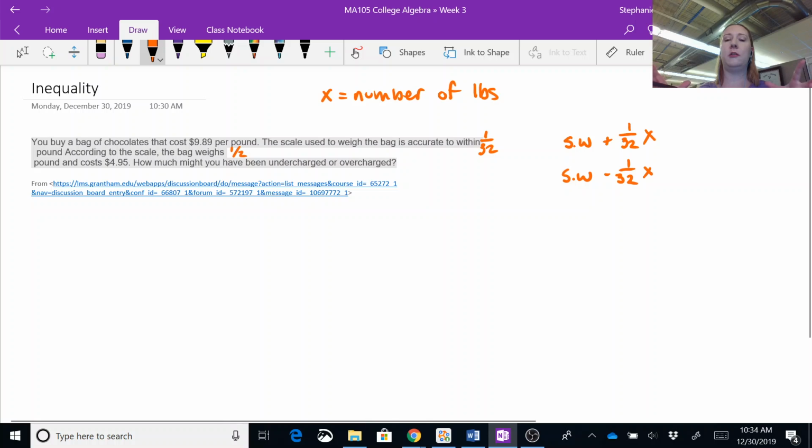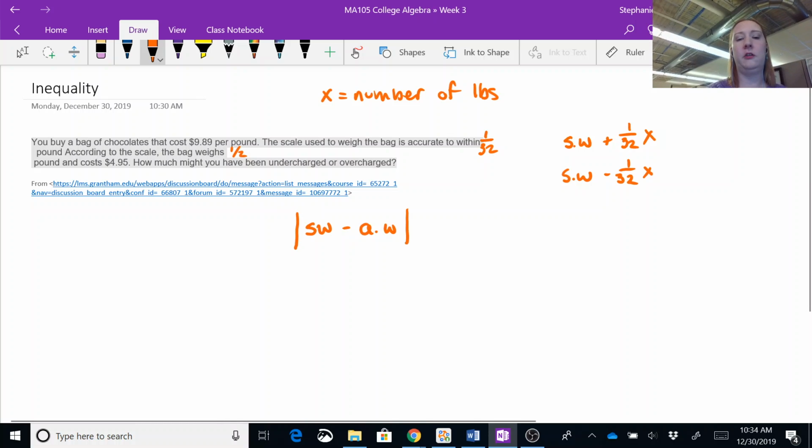You're taking the absolute value. With an absolute value inequality, you're saying the difference between something is less than or equal to some amount. Here, the difference between the scale weight and the actual weight, which I'll call AW.